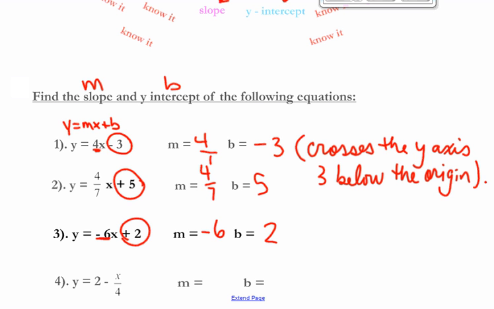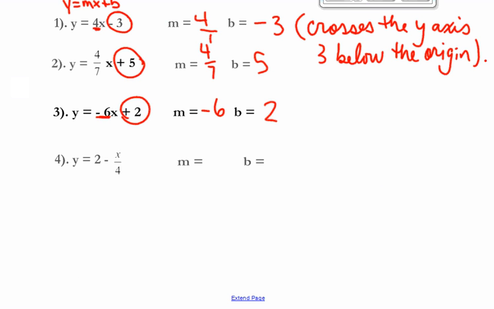Number 4. Careful with this one. Notice that the x piece is in the back, where in all the other ones, the x piece was in the front. So first I'm going to rewrite this so that I'm putting the part that has the x in the front. I'm bringing the sign with it, +2.